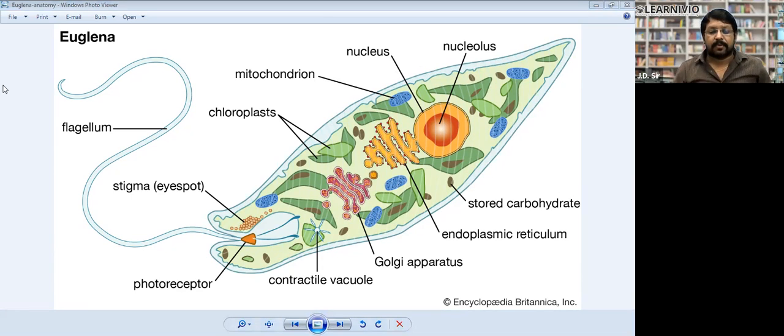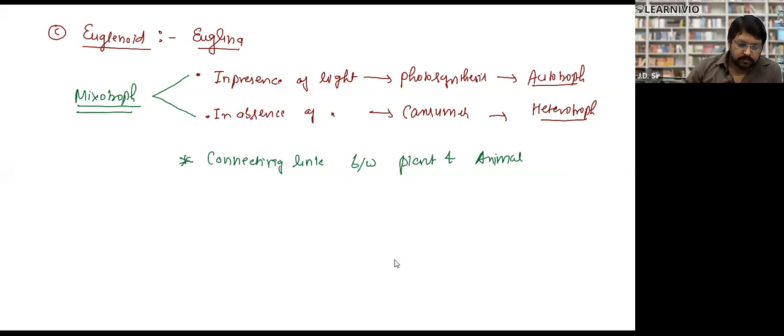Clear? Yes, sir. Okay. So note down the characteristics of euglenoid. Euglenoid include, take the screenshot and then I'll remove this structure. Look.